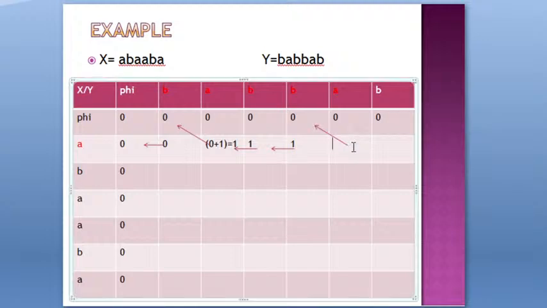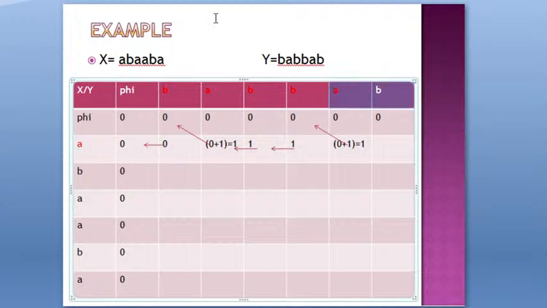Is it only the diagonal element? No. If it is matched, take the diagonal element plus 1. So your value will be 0 plus 1, which is 1. Okay? Clear?